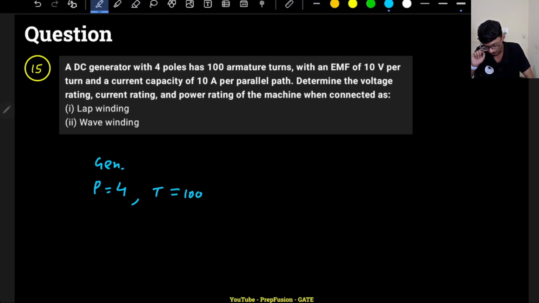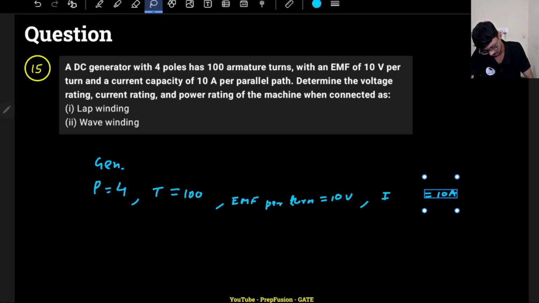With an EMF per turn as 10 volt. Okay. Current capacity is, per parallel path, current capacity is 10 amperes. Okay. So this is the per parallel path current capacity.